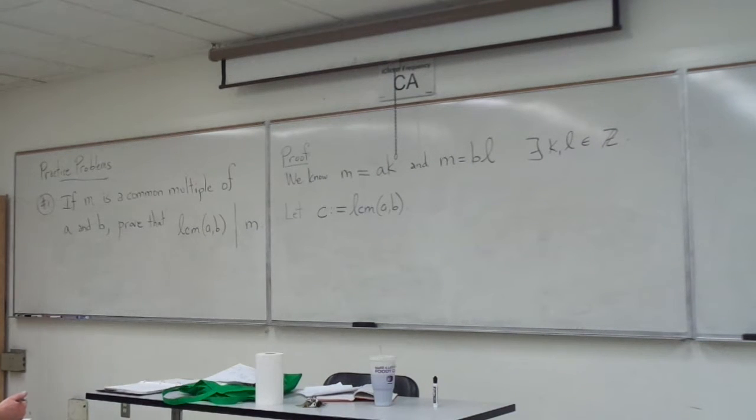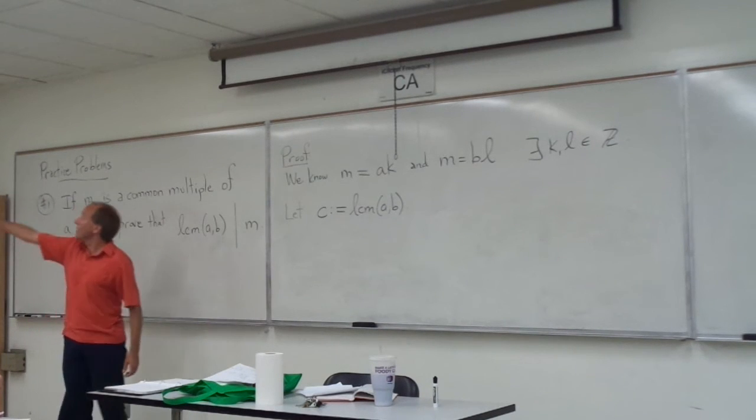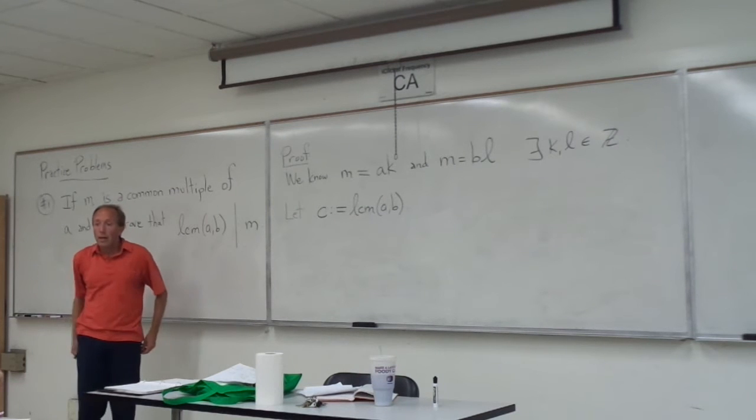If you multiply these two things together, you end up getting A times B. Everybody knows that, it should be from your notes. So we could turn this problem around into a problem about the greatest common divisor by using this equation. I'm glad you mentioned it because that's an important fact to know.